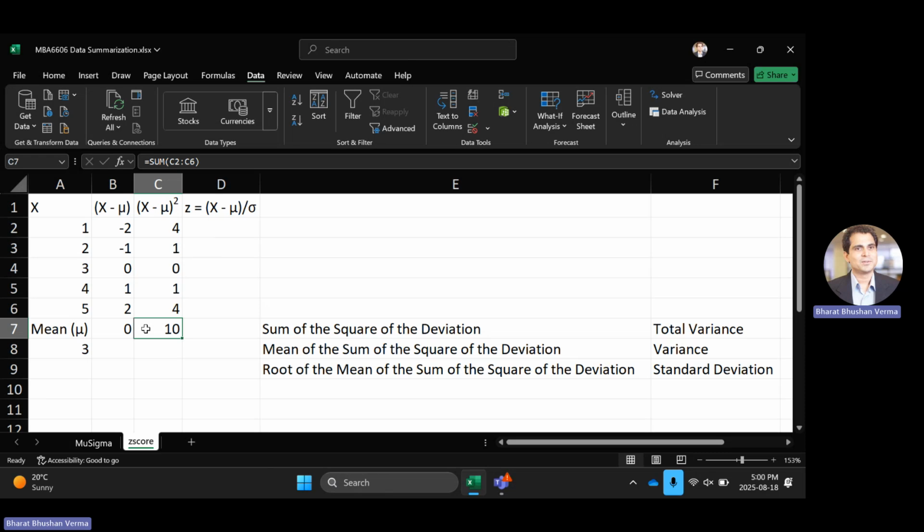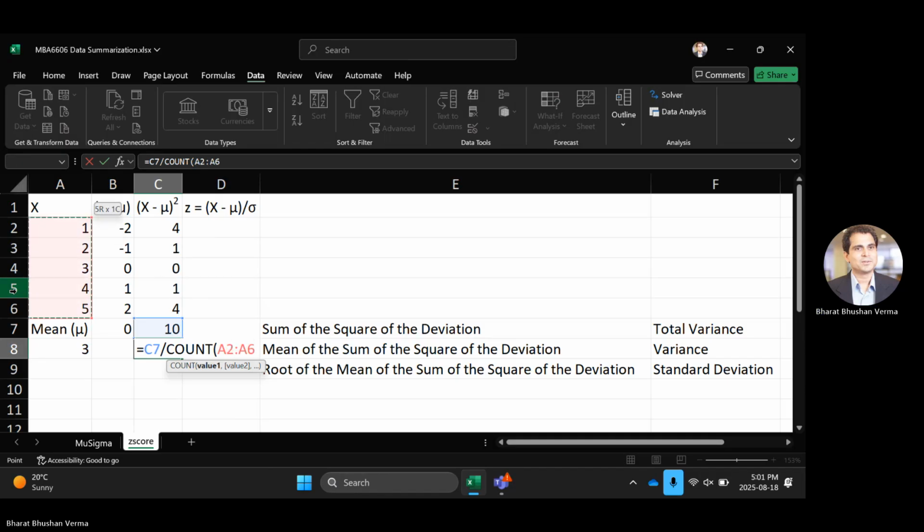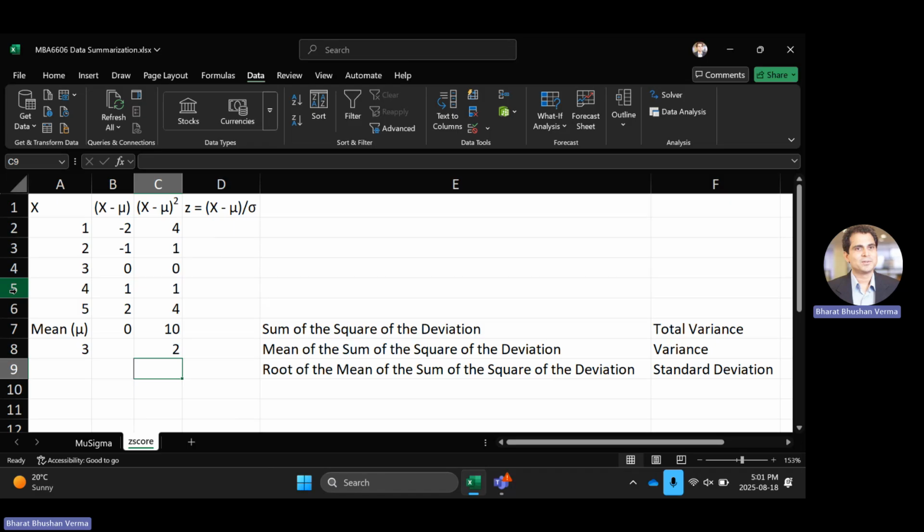Now this total variance of 10 units is spread over these 5 values. So you're going to average it. It is equal to total variance divided by count of number of values that we have. So on an average, we see a variance of 2 units, which is called variance.